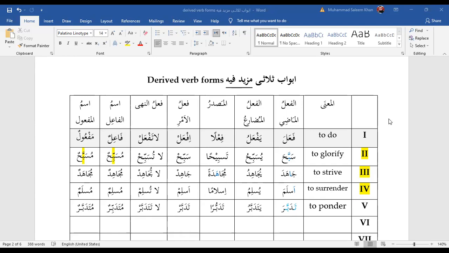So just once we go through the table, I hope you have memorized now the 5 forms of the verb. And if not, again, inshallah, I would recommend to memorize them because these are the base of learning Arabic.